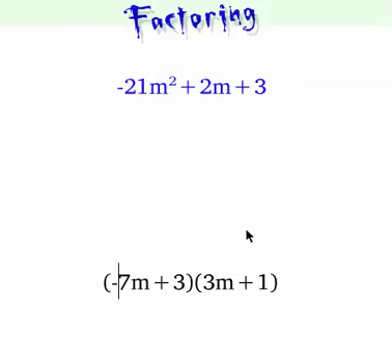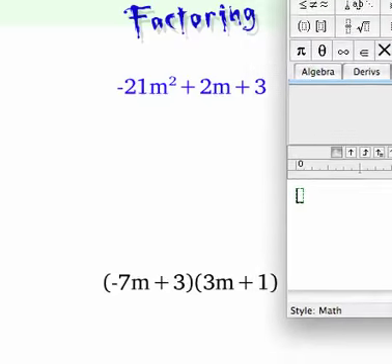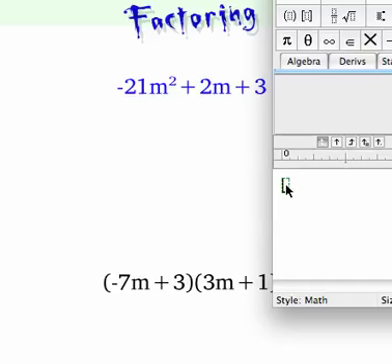Okay. If we're doing PSF, we would look for the product. Let me write this down here. So if we're doing PSF, we would write the product, the P, is going to be -21 times 3, which is -63, m to the power of 2.